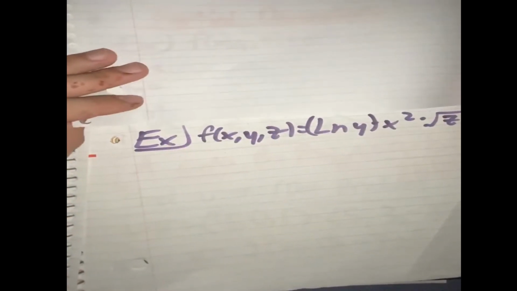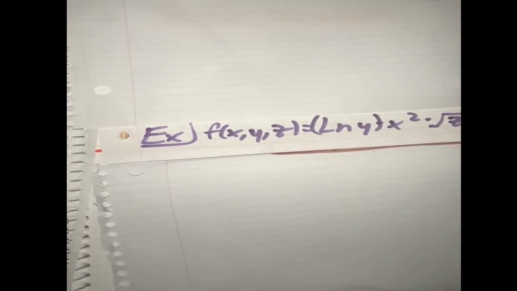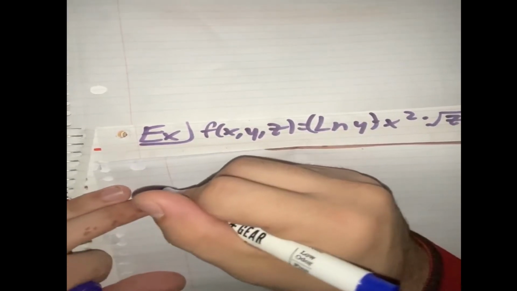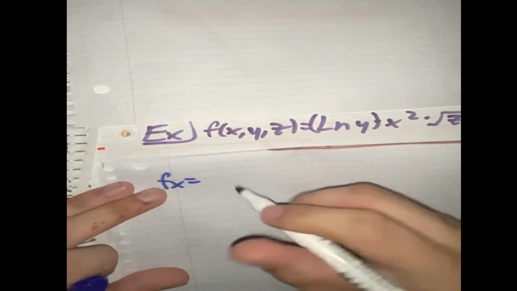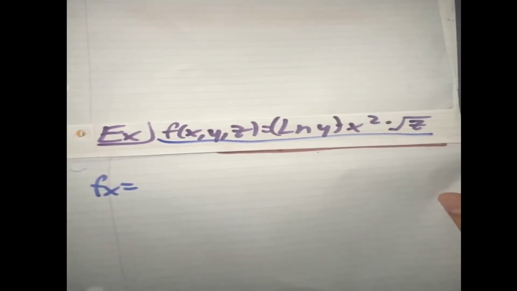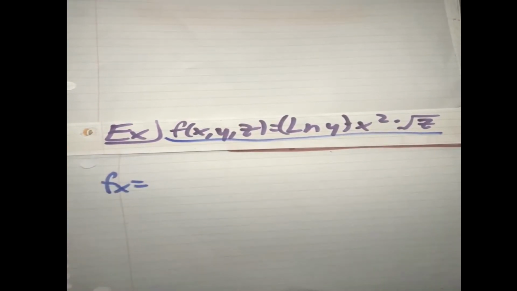So the partial derivative, which I'll do on another sheet of paper. So I'll just copy it down here. So we're given this function, the natural log of y times x squared times the square root of z.